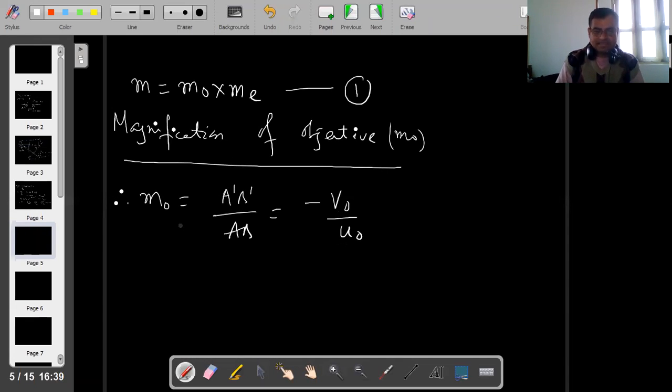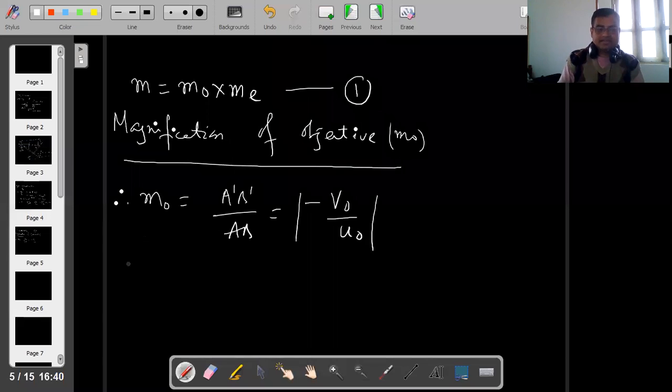Clear? I have already seen this in the convex lens. So MO is equal to minus V by U. Is it clear?